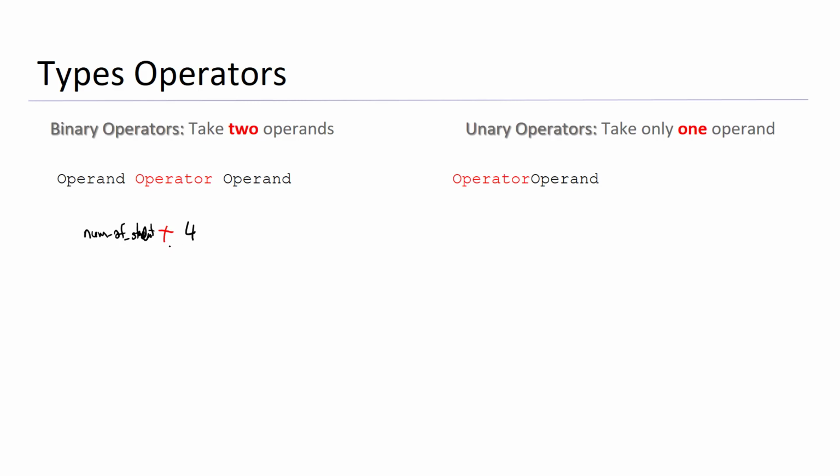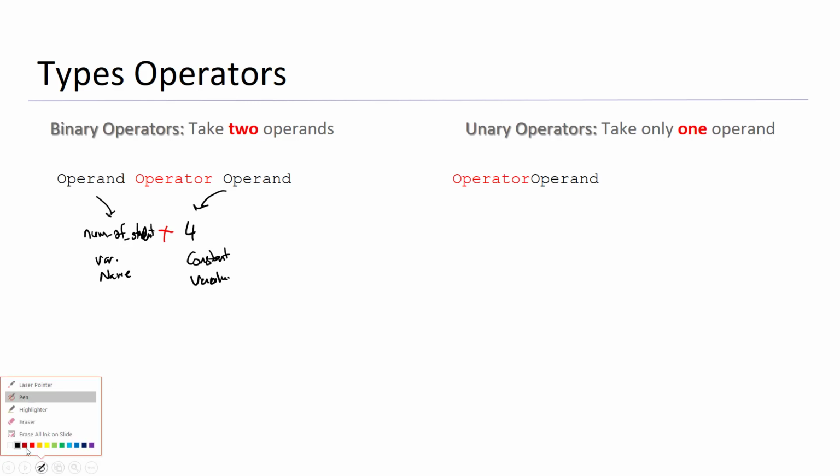This plus operator here is a binary operator because it takes 2 operands. The first operand is a variable name, and the other operand is the constant, which is 4. This is a constant, or a literal value.